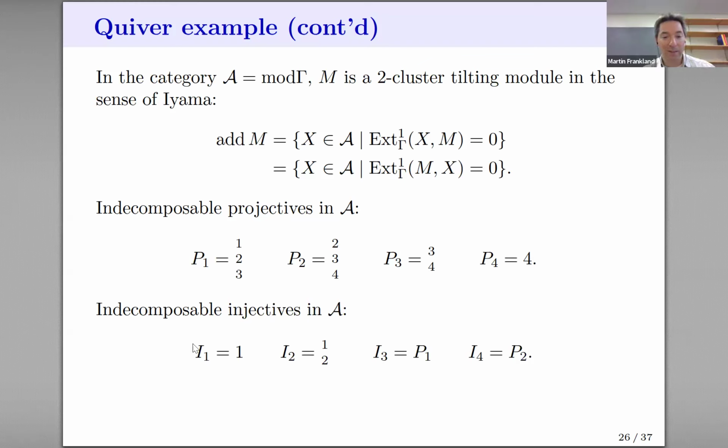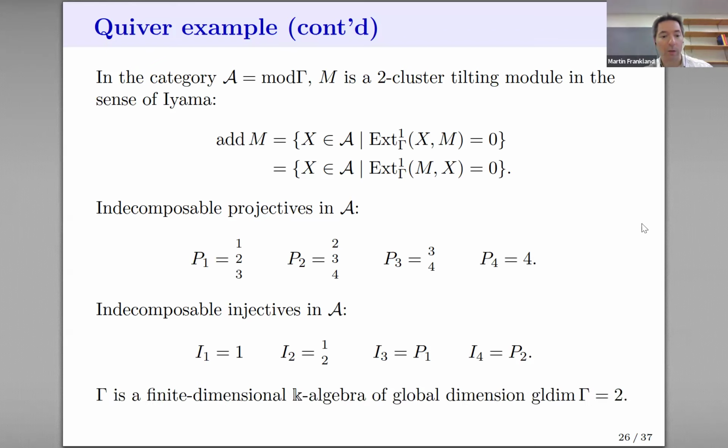So this quiver representation here is injective, start in position 1 and propagate backward. If you start in position 2 and propagate backward, you get this one. Here you get 1, 2, 3, which is also projective, and here you get 2, 3, 4, which is also projective.